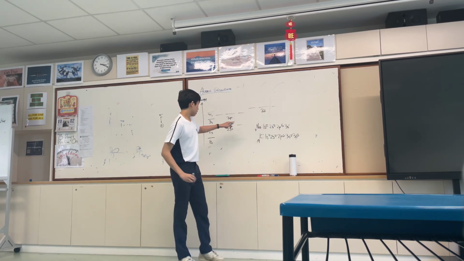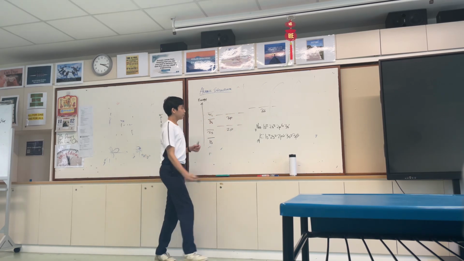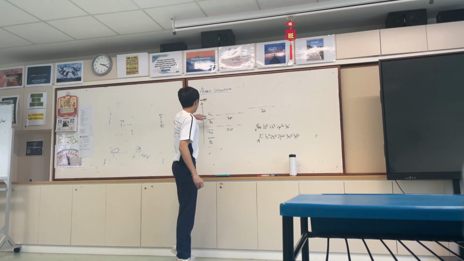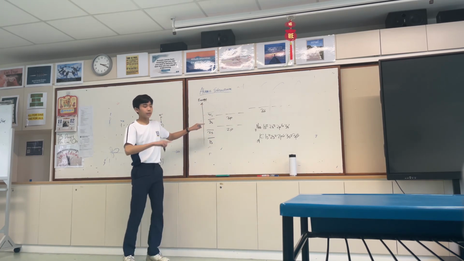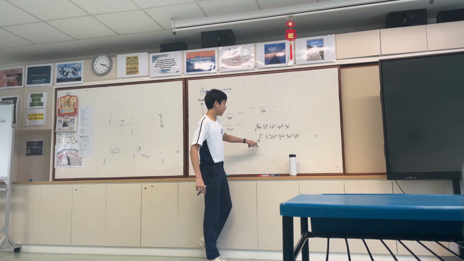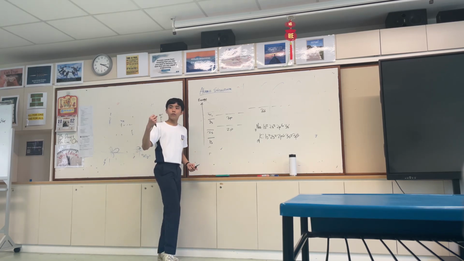You don't fill that, okay? You know how I said 4s is lower in energy than 3d? 4s is lower in energy than 3d, so electrons are going to fill 4s first. Ah, I see. So then I have 18 electrons here. I need 19, so what do I fill? 4s1.